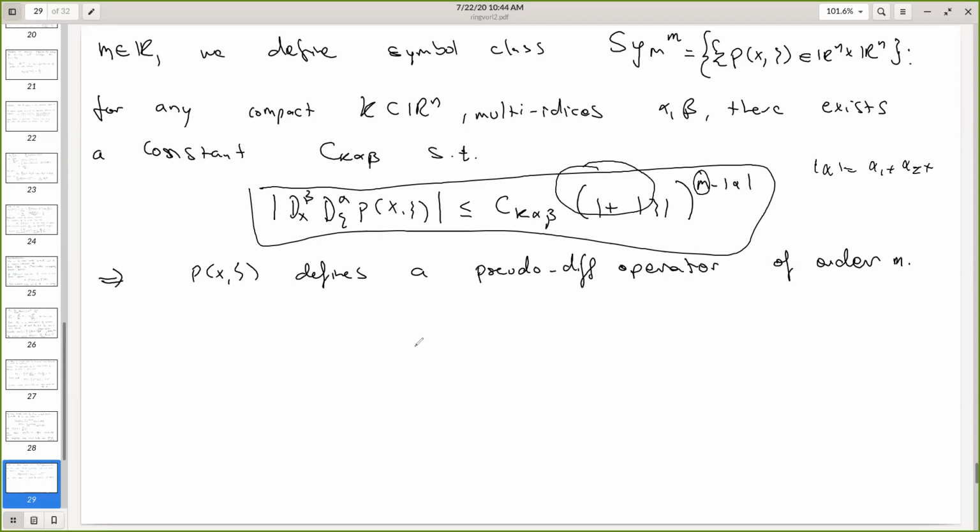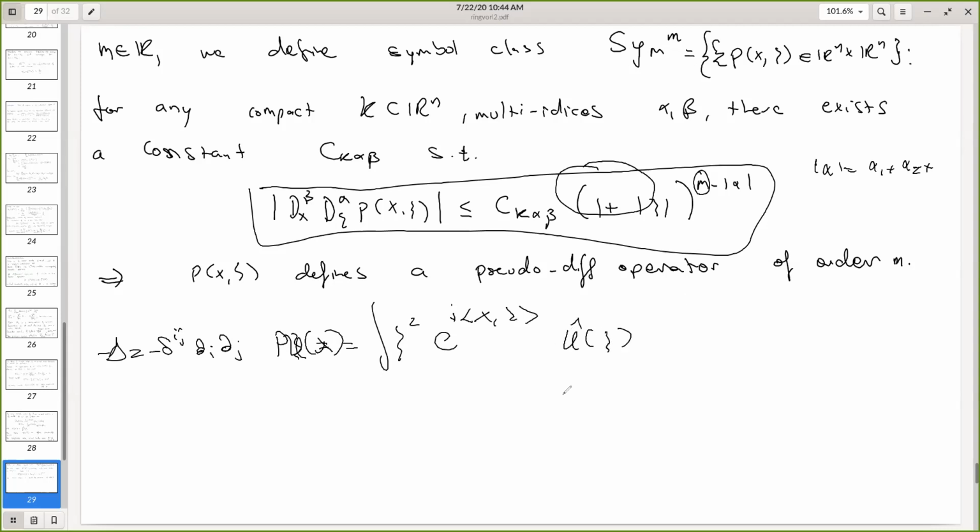And in the case of our operator, xi squared, we had the Laplacian as just minus delta ij d_i d_j, with the minus here. Then we applied it to a function, that was u of x, and now we have e to the i x xi, u hat of xi.